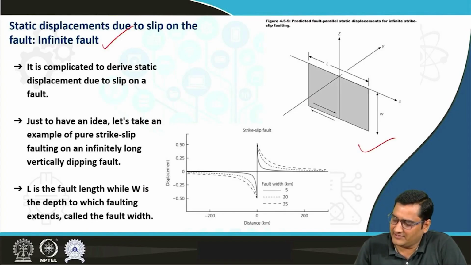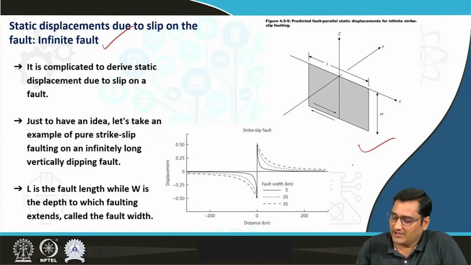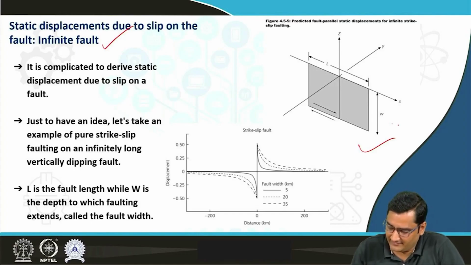You can see the shaded portion is representing the fault plane, or you can say the fault surface, and here L is the length of the fault, W is the width of the fault. W is the depth to which the faulting extends, and we are calling it the fault width.